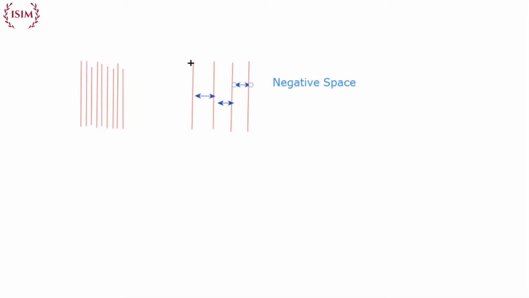When you follow the line, you are following it up and down, but you're traveling this distance also at the same time. You're also traveling this negative background space, and then you go to the next line. Then you again travel from that line to this line by traveling this distance.